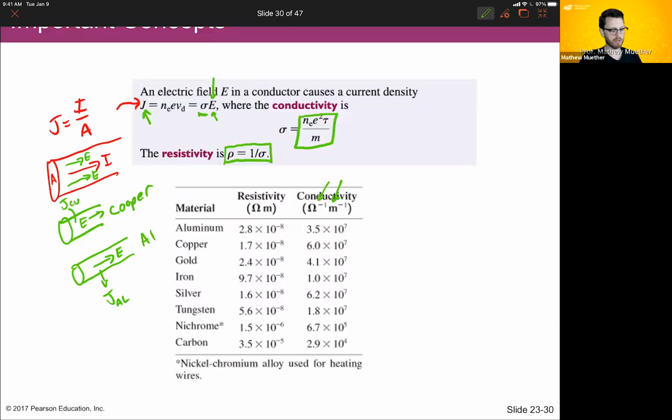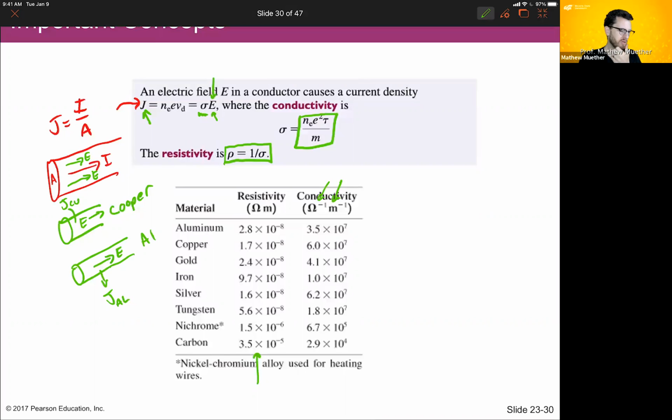Materials that have a low conductivity will produce very little current. The resistivity is just the inverse of that quantity. So high resistivities mean low conductivities, and for a fixed electric field or a fixed potential across some portion of that conductor, I get a low current response.